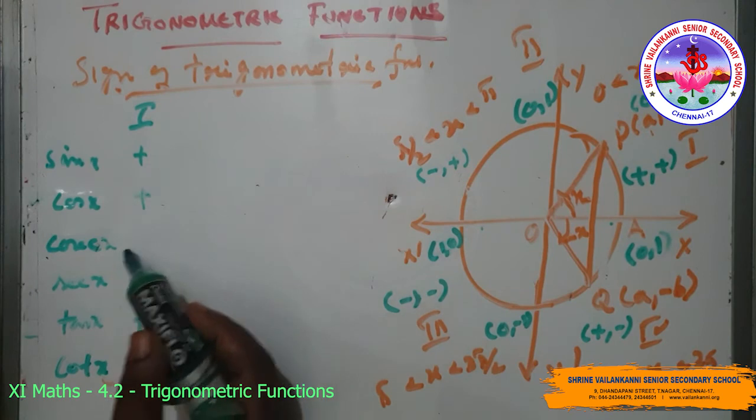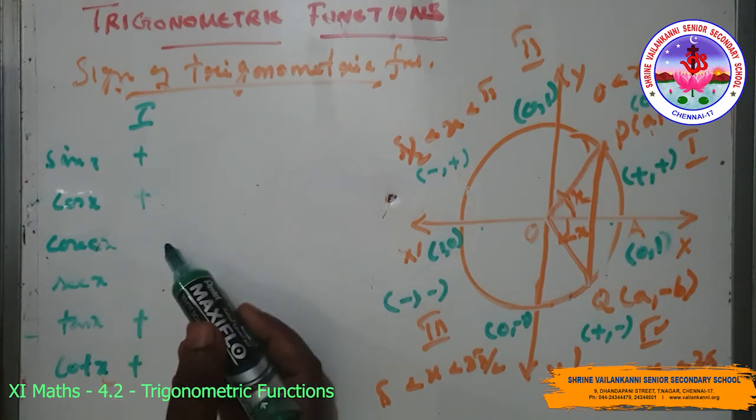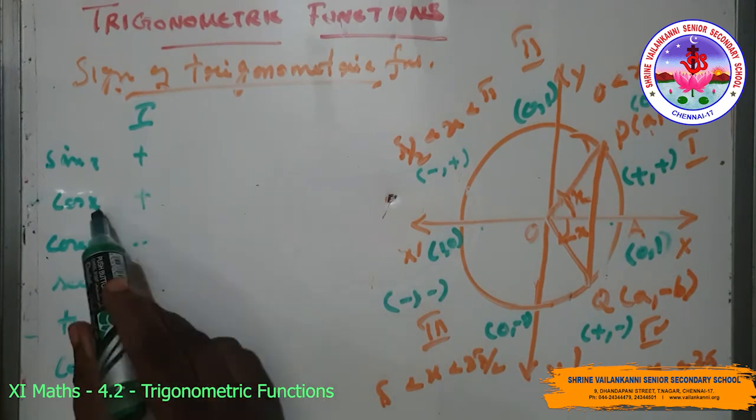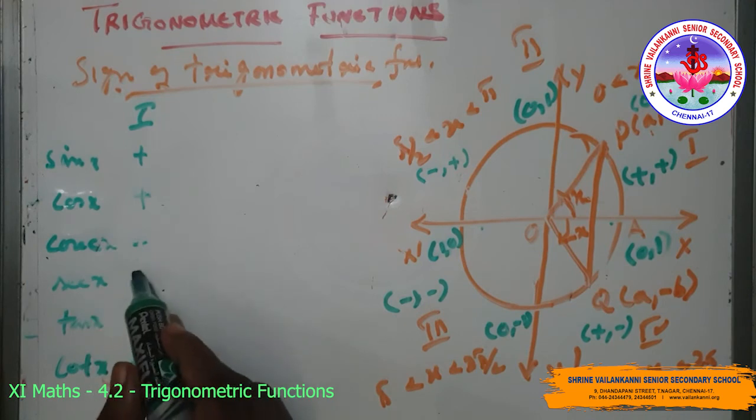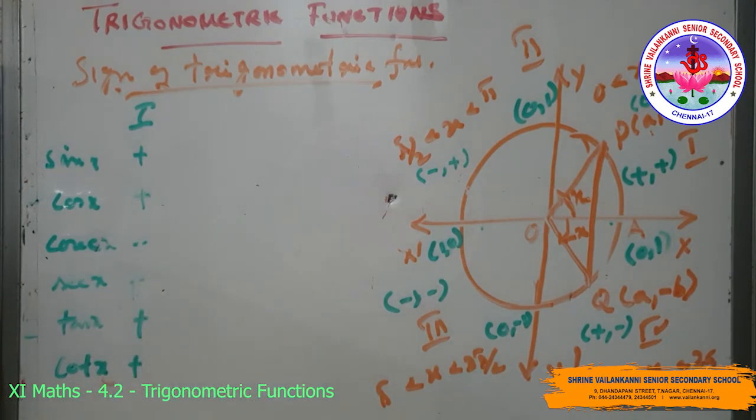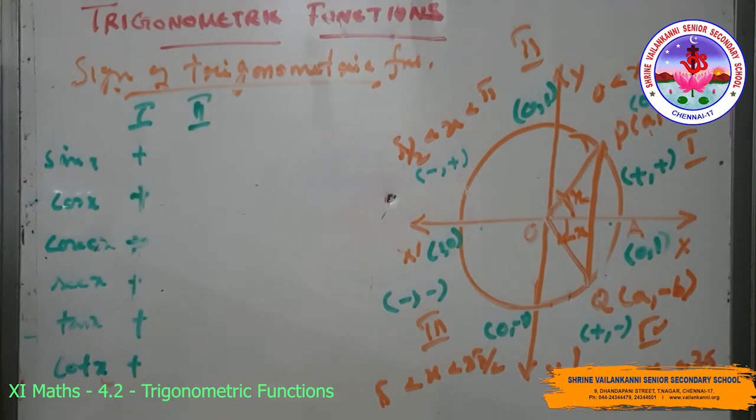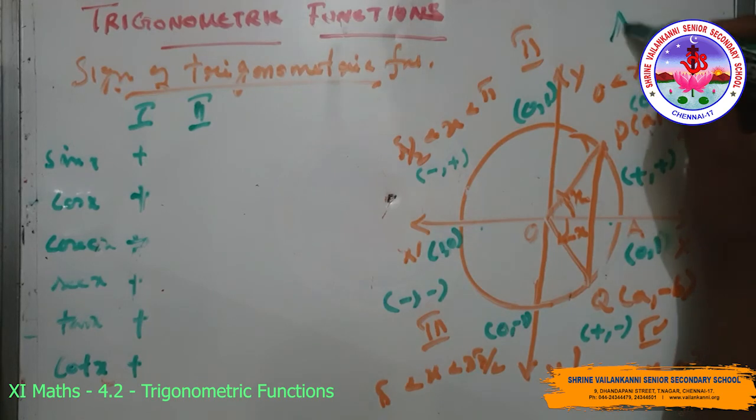If sin x is positive, the reciprocal cosecant x, which is 1 by sin x, is positive. And cos x is positive, so secant x is positive. So in the first quadrant, all the 6 trigonometric functions are positive. Then we say that all are positive.